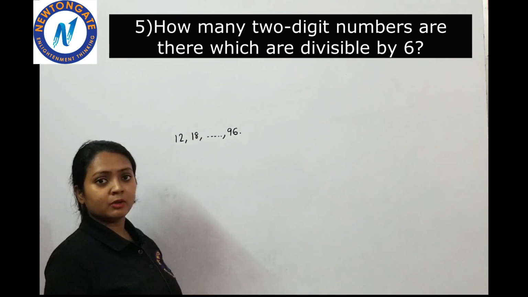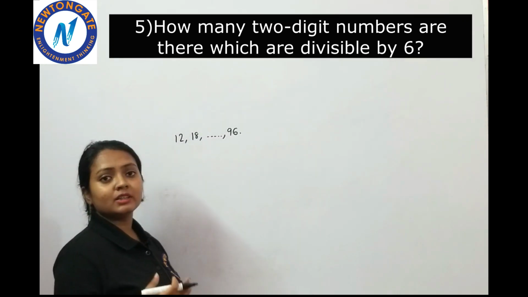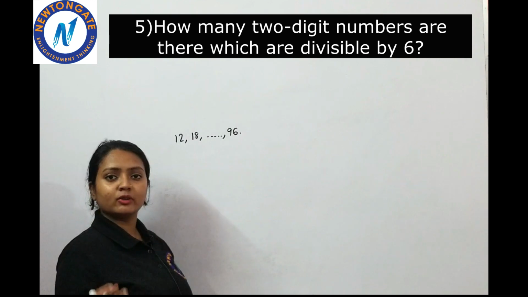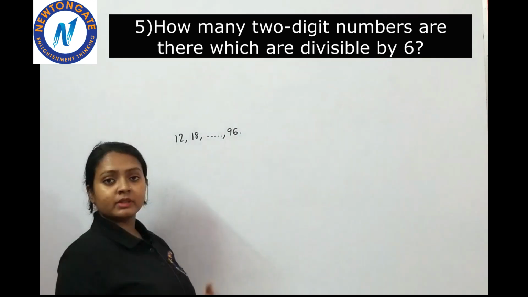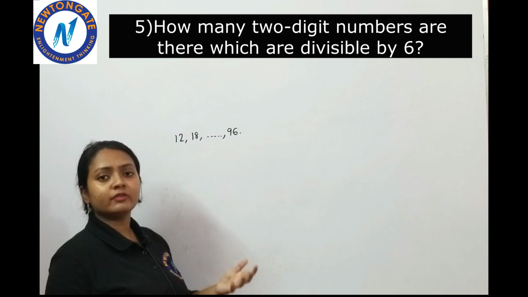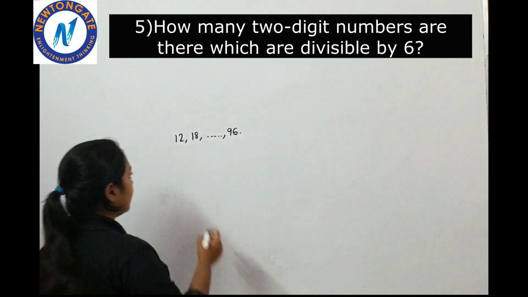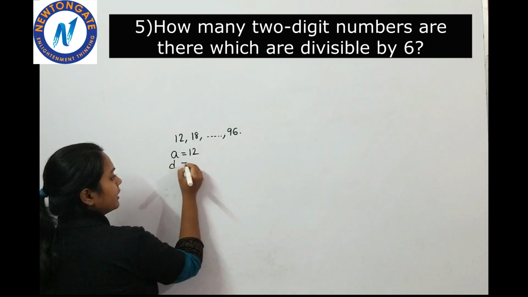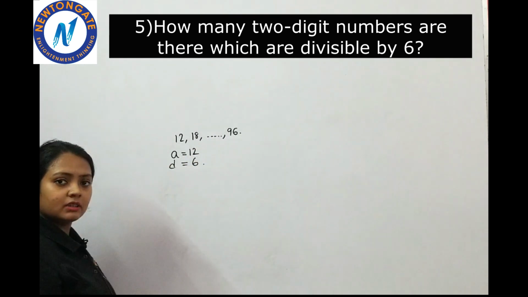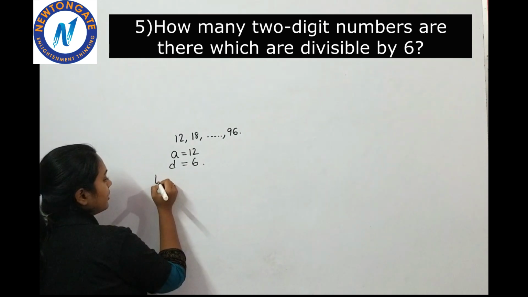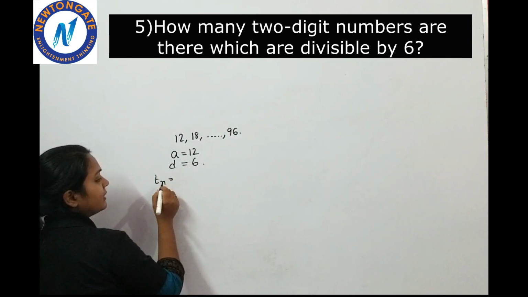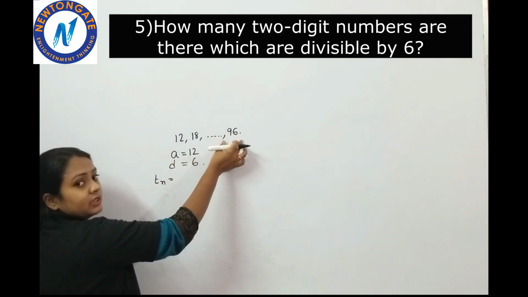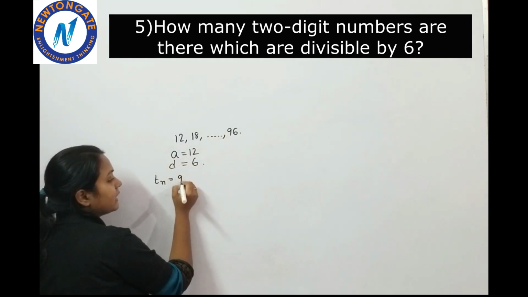In this case, we also use the formula Tn equals a plus (n minus 1) into d, and from there we will find the value of n. Right? Now, in this case, the first term is 12 and the common difference is 6. Tn means the last term of the series, which is 96.